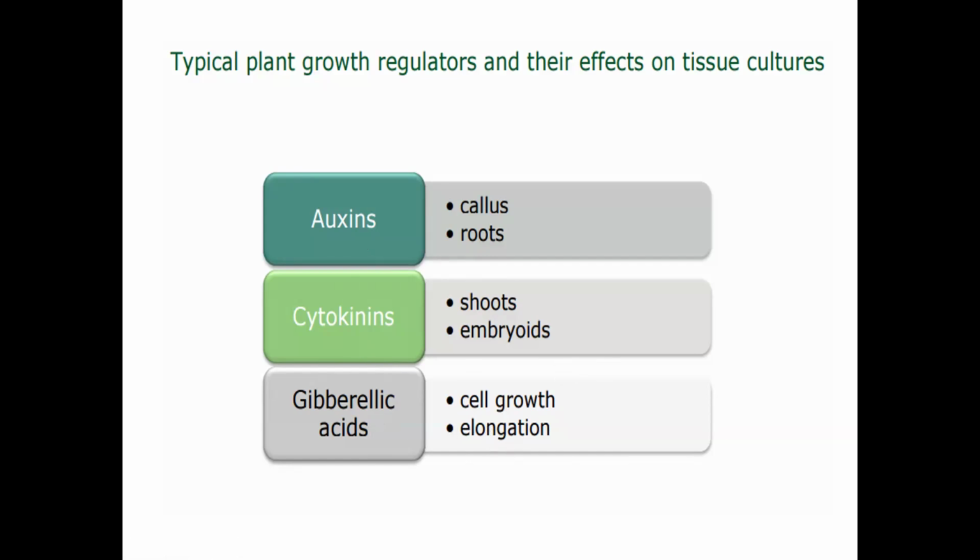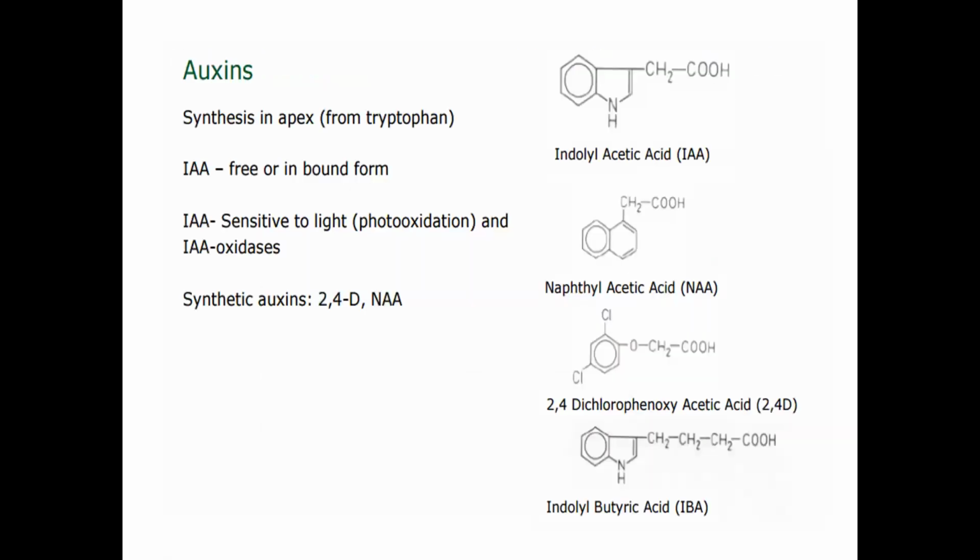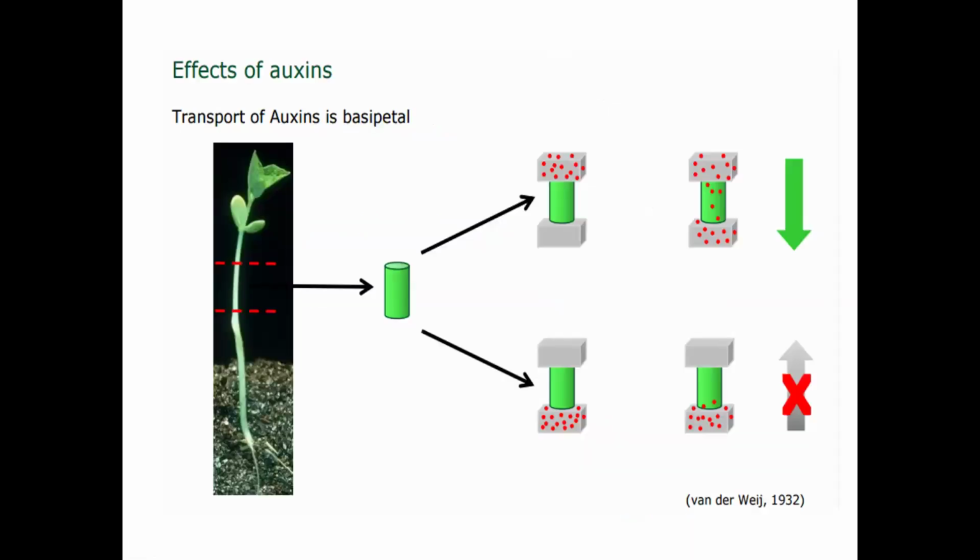So these are their purposes. Appropriate concentration and combination of these phytohormones are essential for successful tissue culture. Here you can see the chemical structures of different auxins: indole-3-acetic acid, naphthalene acetic acid, 2,4-D, IBA, all are auxins. You can use any one of them or a combination.